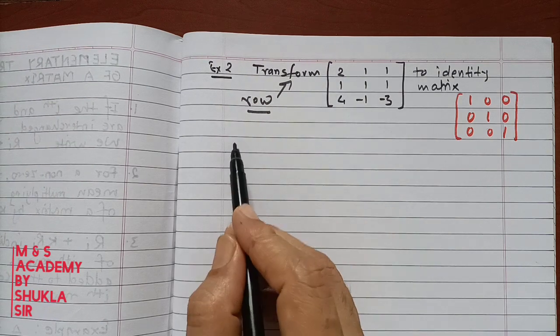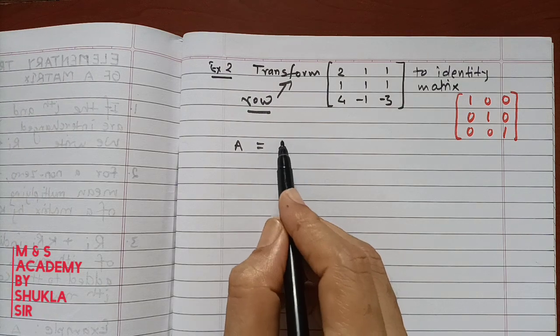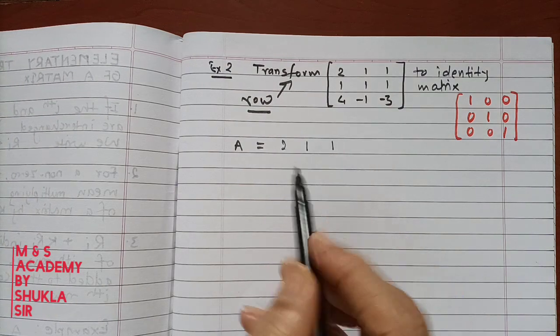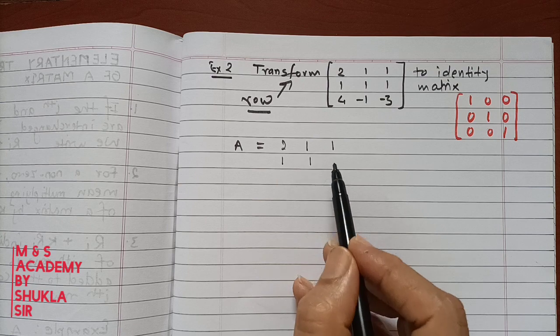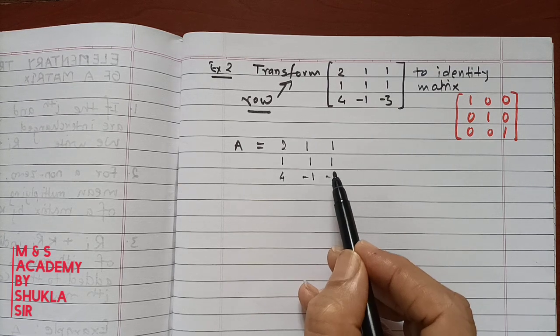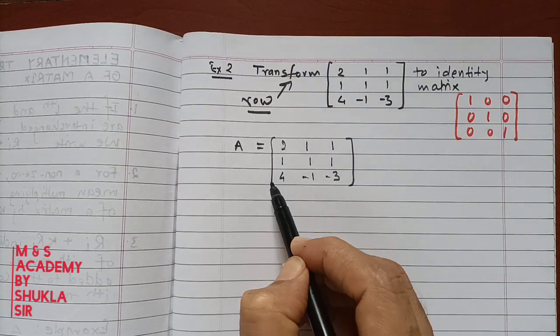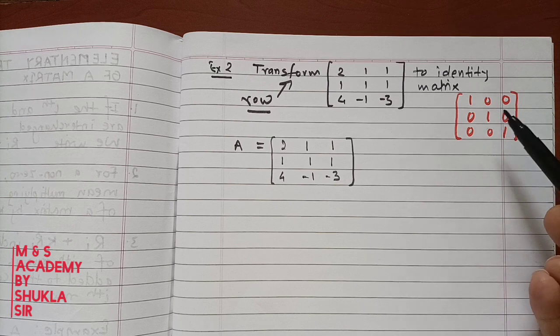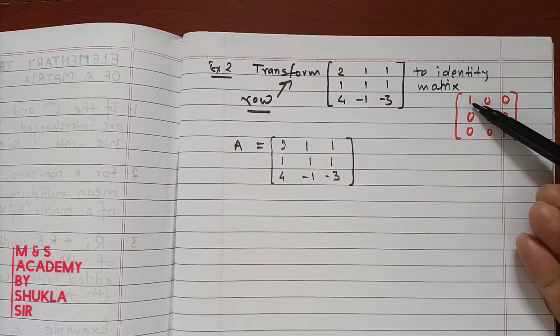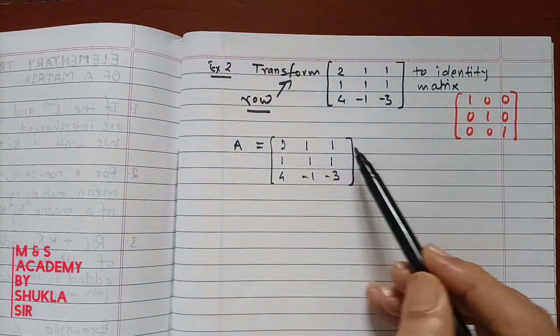So we'll write this matrix A is equal to 2, 1, 1, 1, 1, 1, 4, minus 1, minus 3. This is our given matrix, and we need to write this one starting with the 1. Now you can see this 1 is here, so we can interchange the first row and the second row.